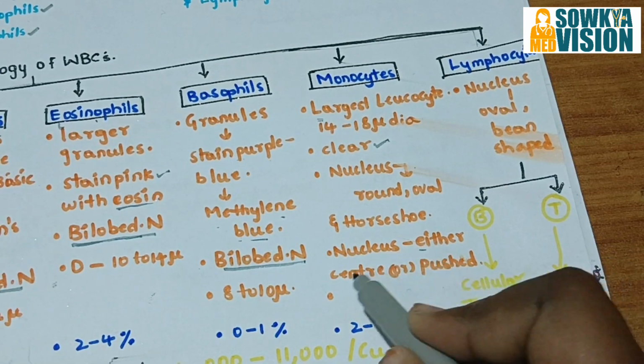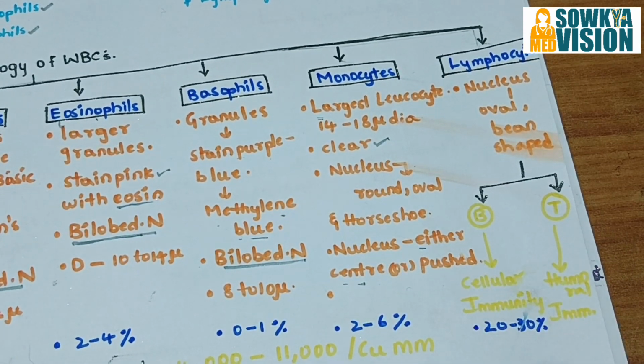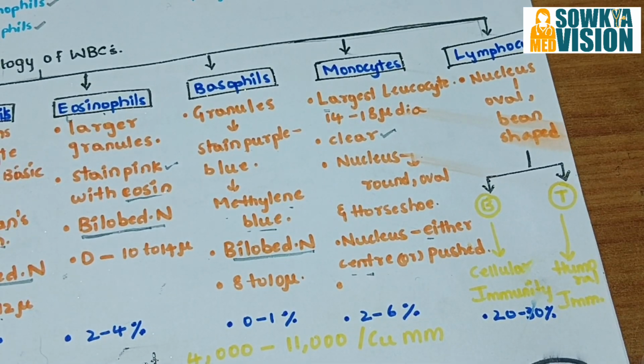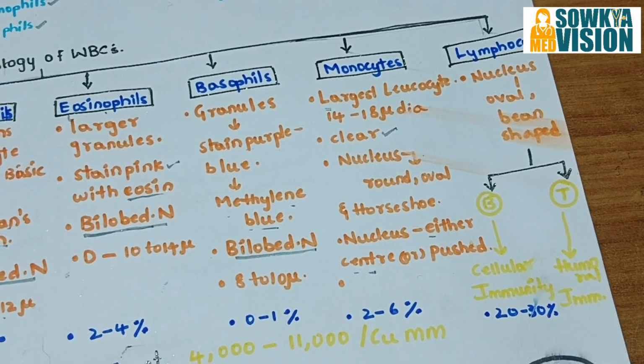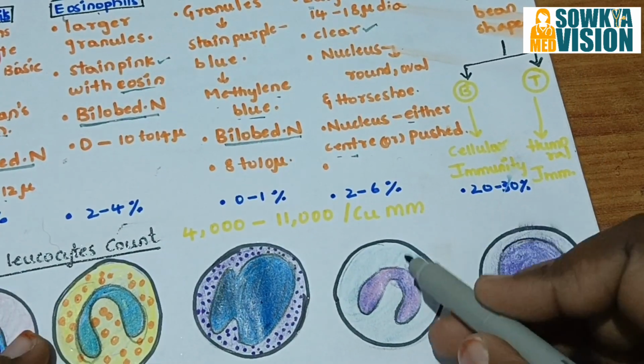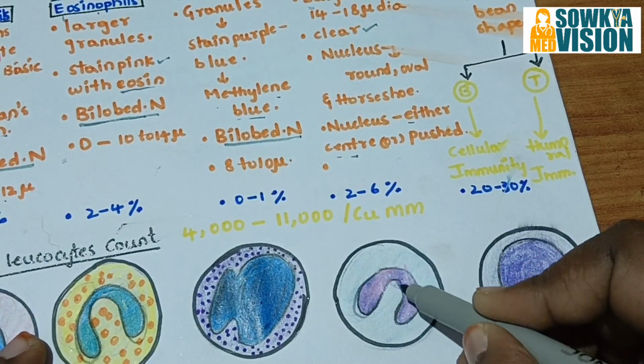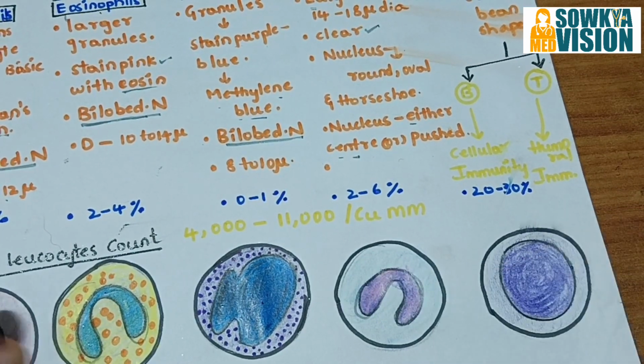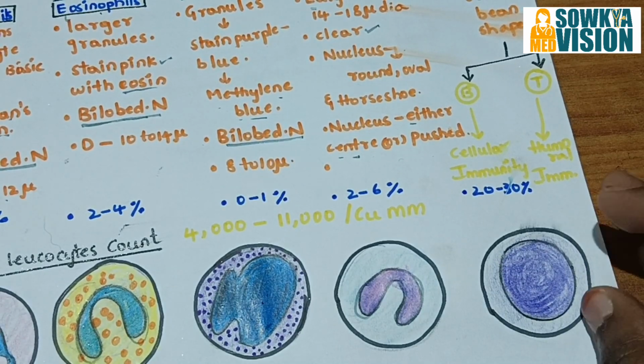It may be present in the center, or it may be pushed to one side. See, this is the nucleus of the monocyte. It is horseshoe shaped. Can you see? I think you can see.